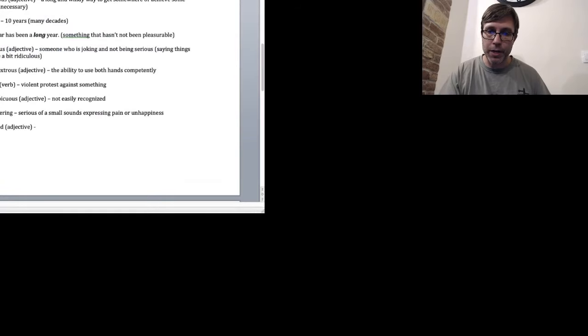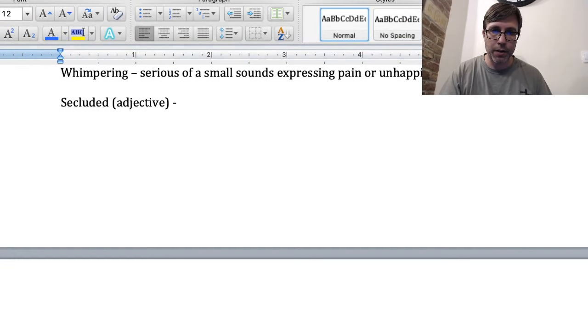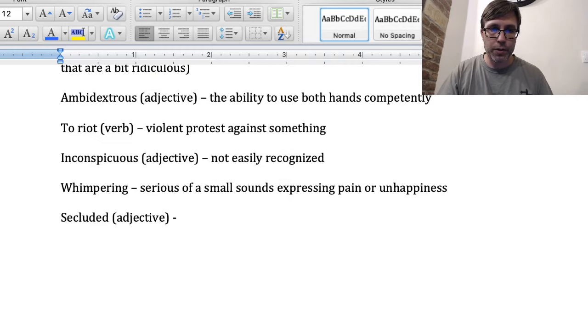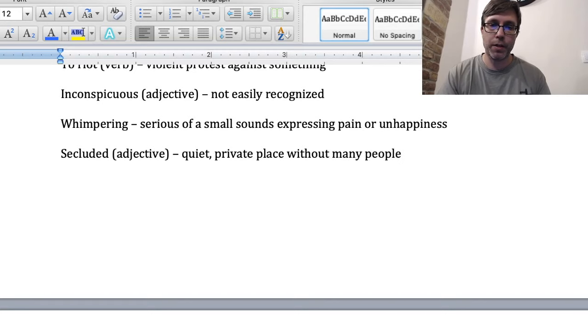If we go back over to our vocabulary page, where is it? Secluded. Can you guys see this? Quiet, private, place without many people.